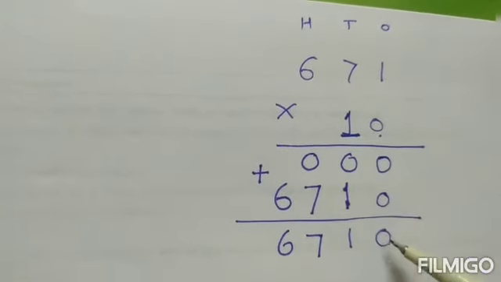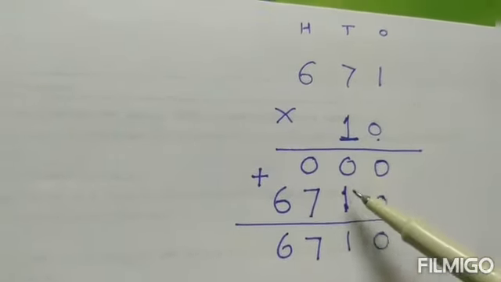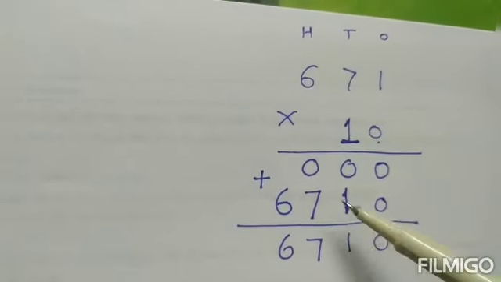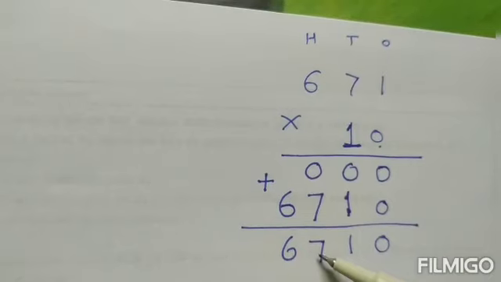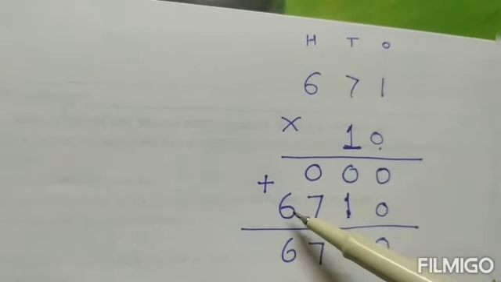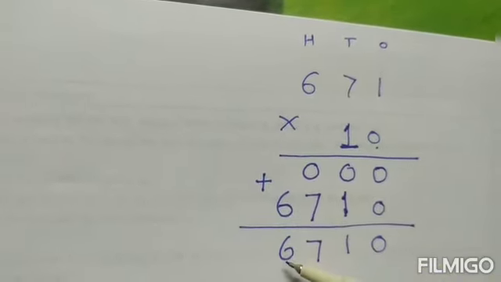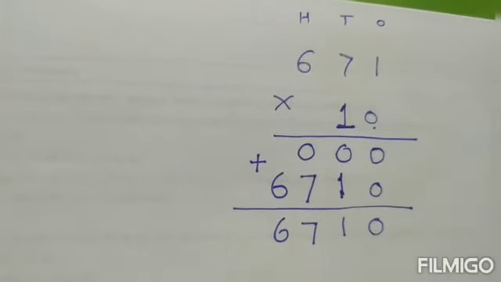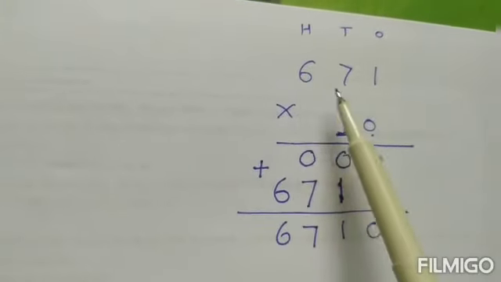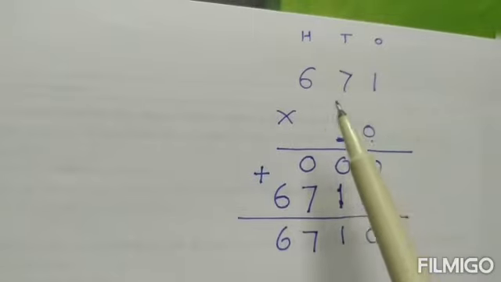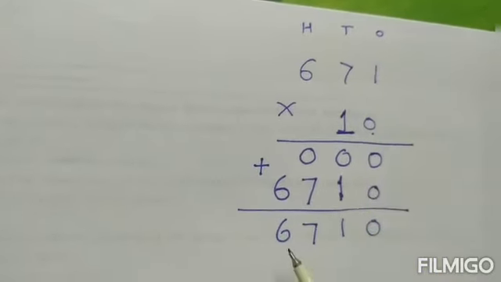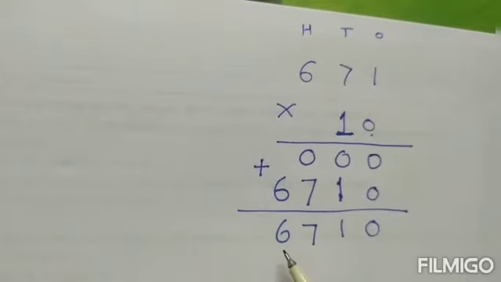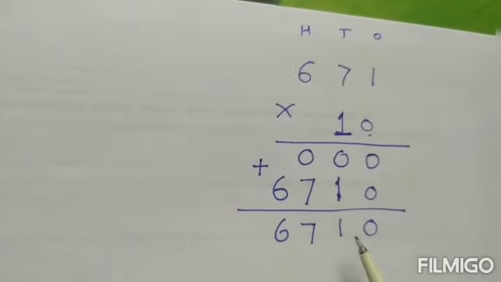0 plus 0 is 0. 0 plus 1 is equal to 1. 0 plus 7 is equal to 7. And here 6, write down 6 here. Means if we multiply 10 with the number 671, we get the answer as 6710.